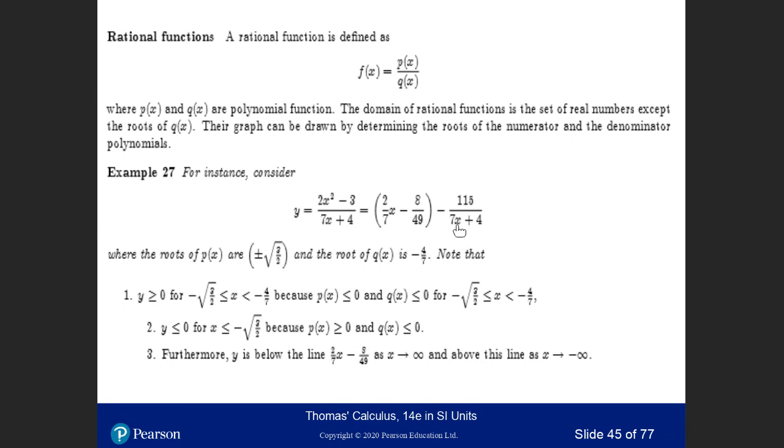However, if x goes toward minus infinity, like minus 1,000, minus 10,000, and this is positive, your graph approaches this line again, but this is not very small, so it's above this line.